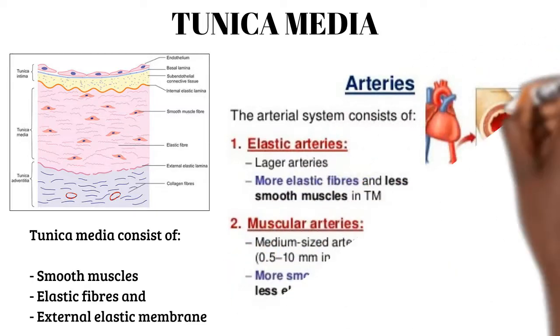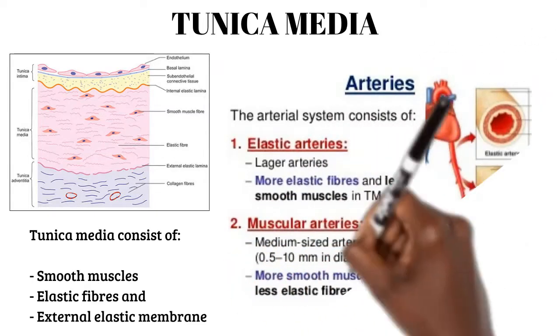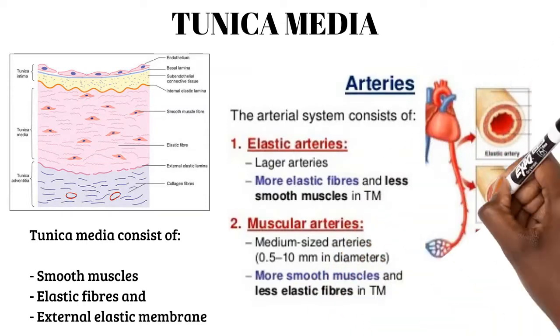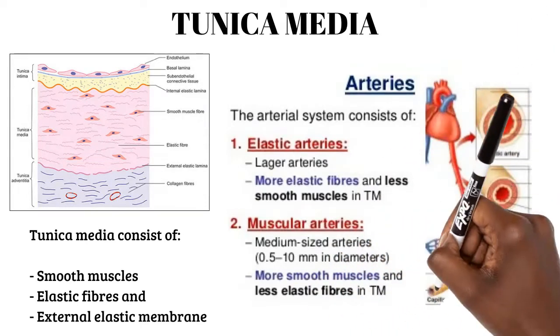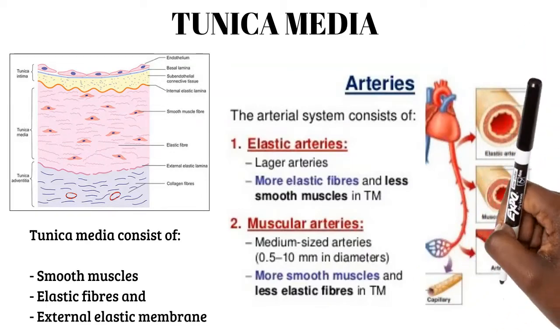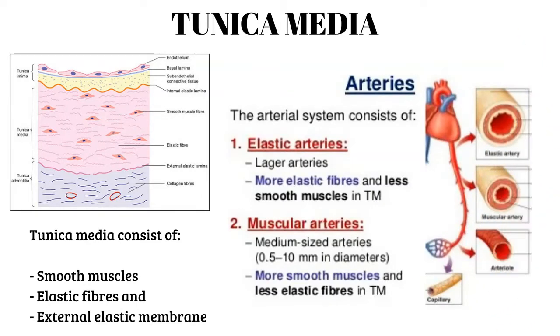And then in muscular type, it is predominantly smooth muscles, which means that the tunica media is made up of smooth muscles and elastic fibers depending on the type of vessel. Of course, both will be present, but depending on the exact vessel, we'll have an abundance of either elastic fibers or smooth muscles, and that is elastic arteries and muscular arteries.